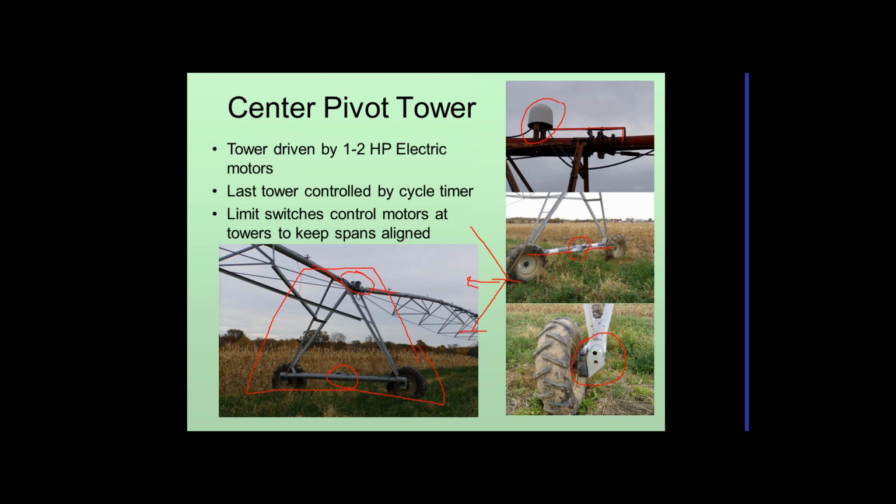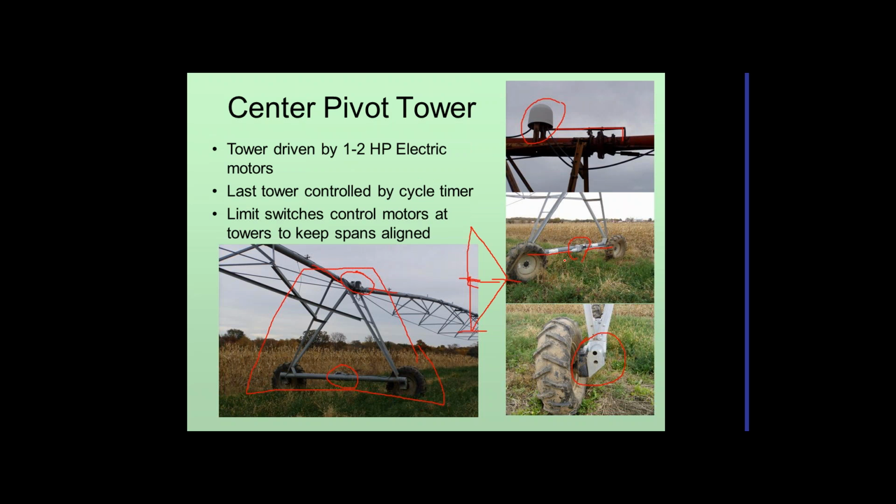Once it moves, it will be someplace like this, trying to keep up with that end tower. So this one will come on, then it clicks the limit switch to the next one, and it'll move up. They don't move necessarily in a smooth pattern. They kind of move a couple feet and stop, move 2 or 3 feet and stop as they go up the field.